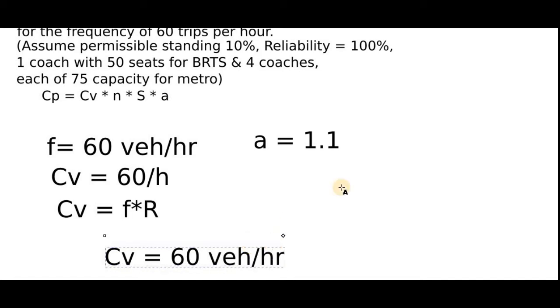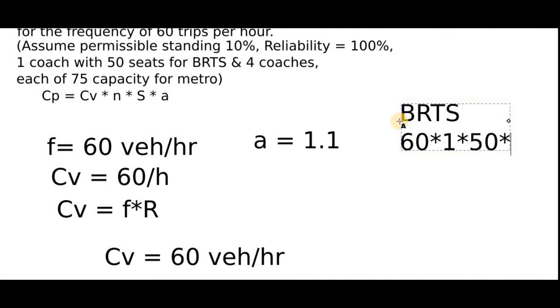Now we have all the things that we need: our Cv, our N, our S, and our A. So for BRTS, let's go for it. Cv is 60. My number of coaches here is 1. The number of seats is 50.